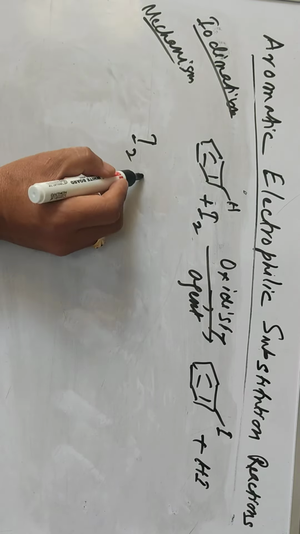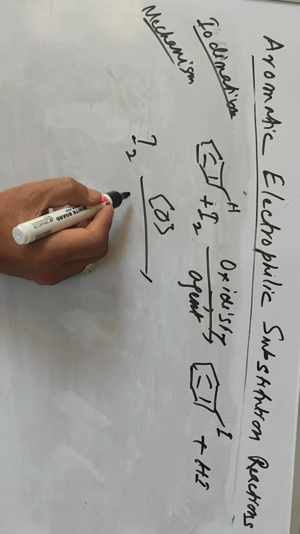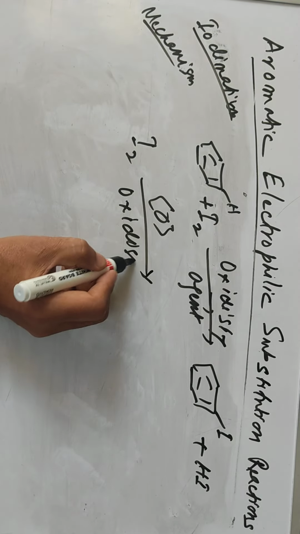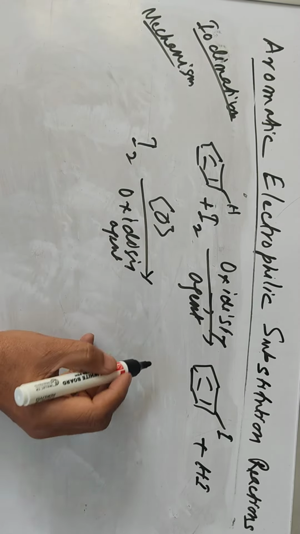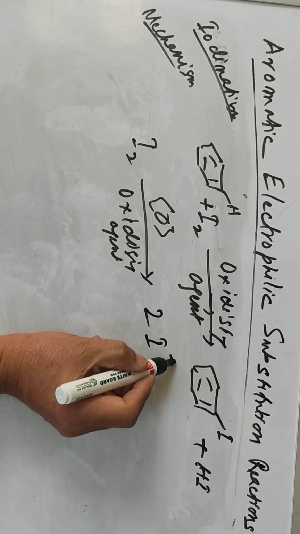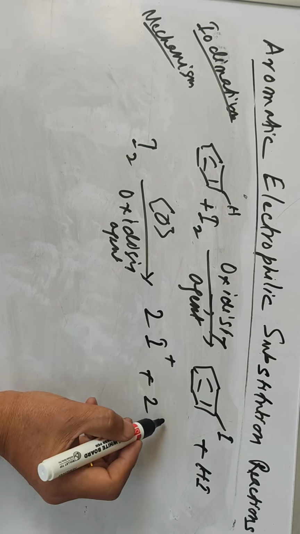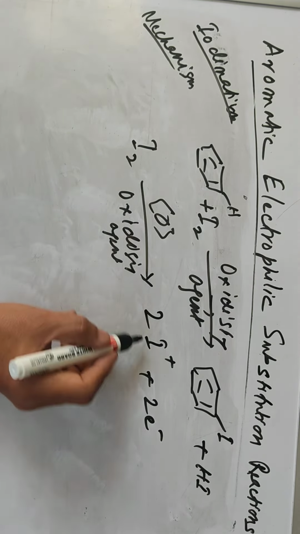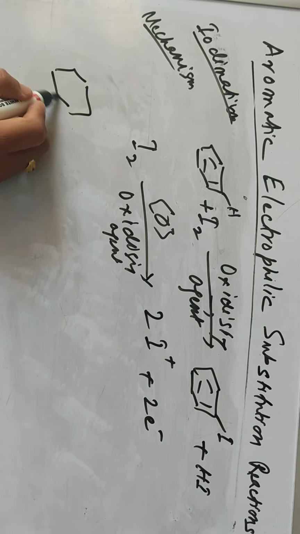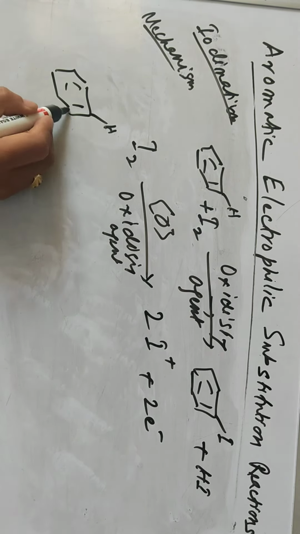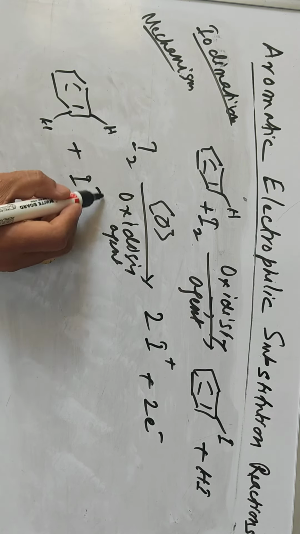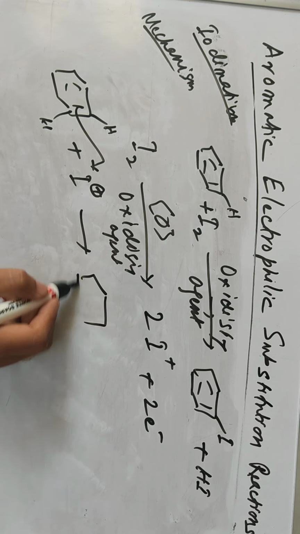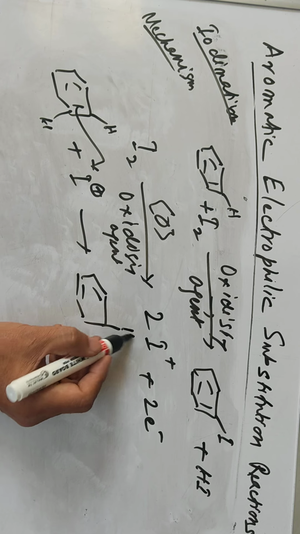So iodine, in the presence of an oxidizing agent, gives two iodinium ions plus two electrons. This is now the electrophile. The benzene ring attacks the electrophile to give the intermediate, a carbocation.